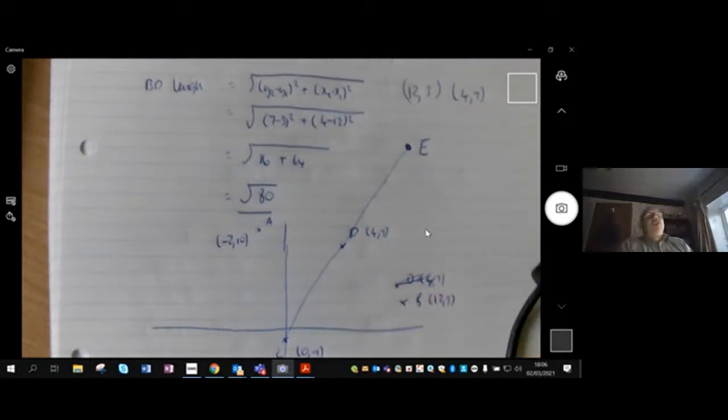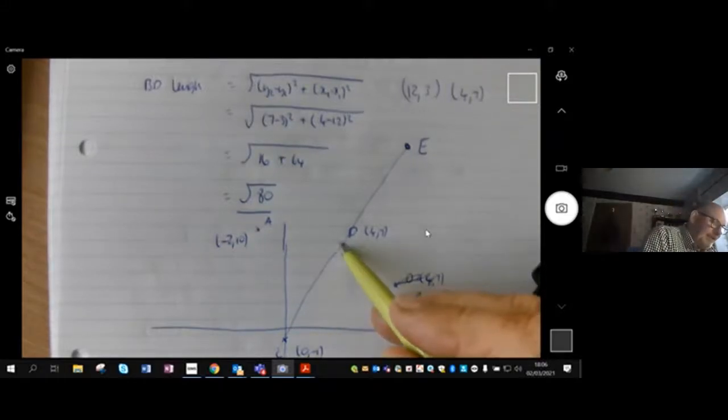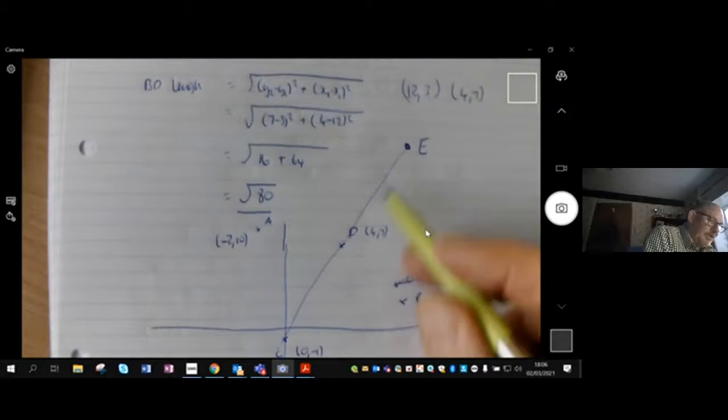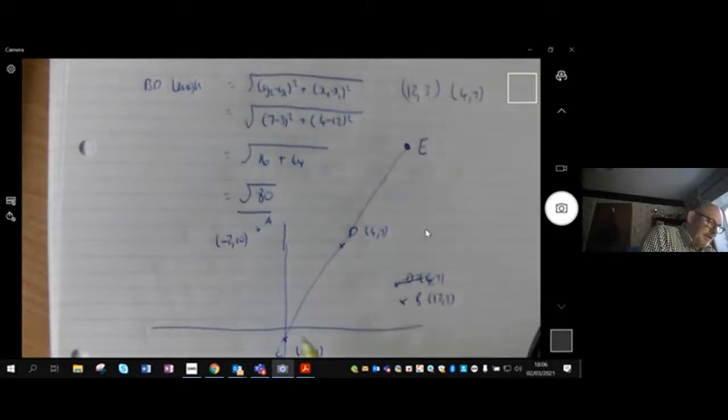It looks like it's difficult to get there, but actually, if D is the midpoint of CE, from the X values from C to D, the X value goes up 4, so it should go up another 4 there. So that point there has an X coordinate of 8, and the Y value goes from -1 to 7, which is +8, plus another 8 is 15. So E is at 8, 15.